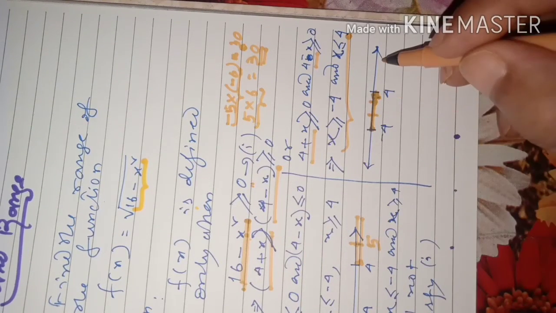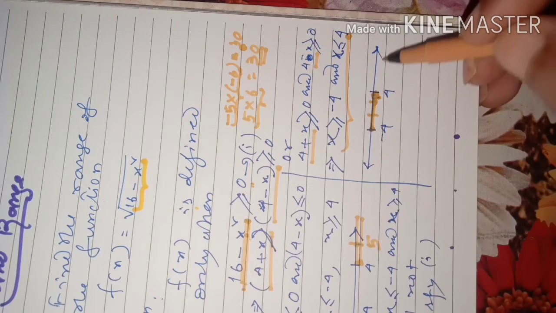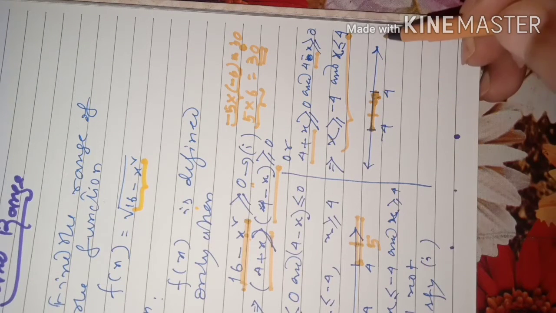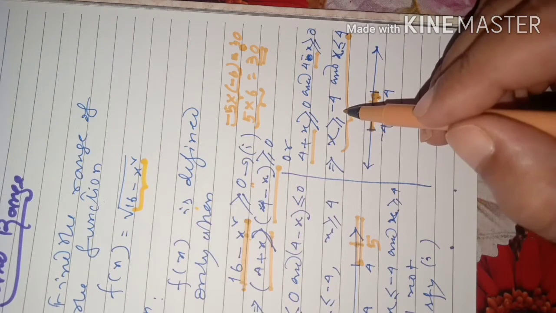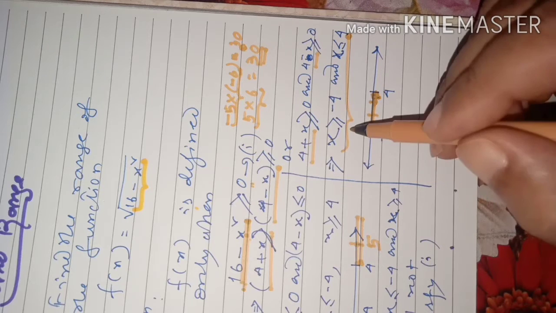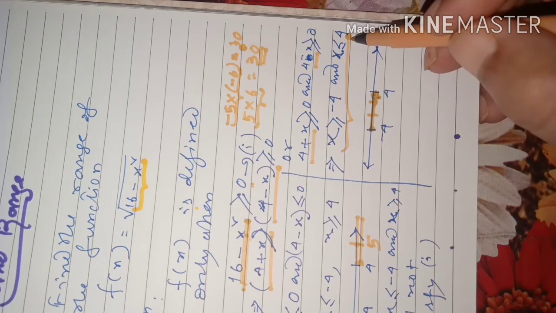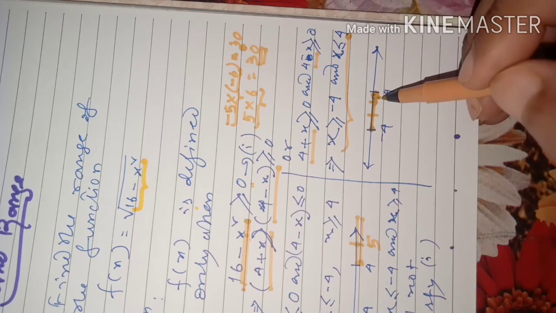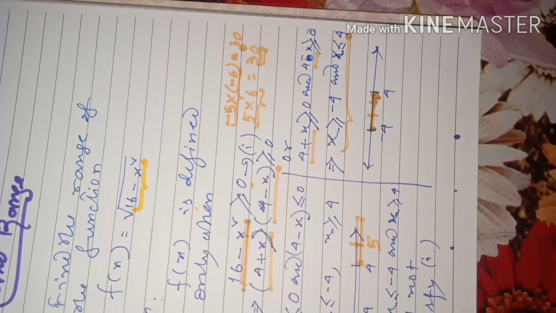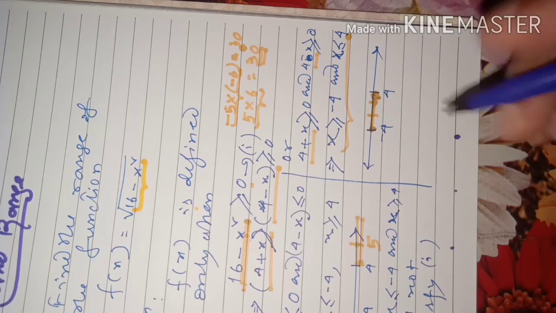If it is greater than 4, it will not satisfy, and less than minus 4 also will not satisfy. But if it is greater than or equal to minus 4 and less than or equal to plus 4, then this portion will satisfy our given inequation.